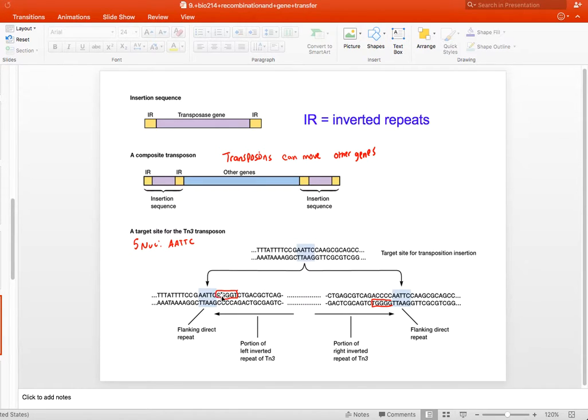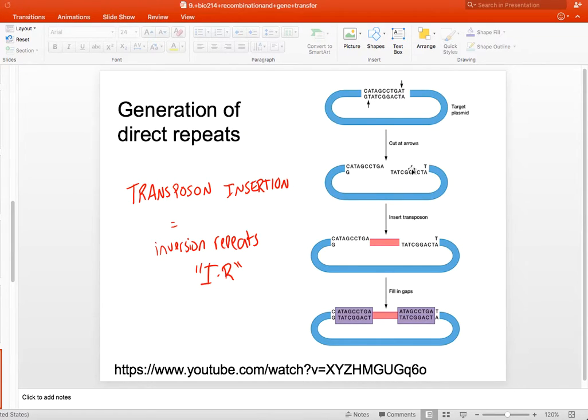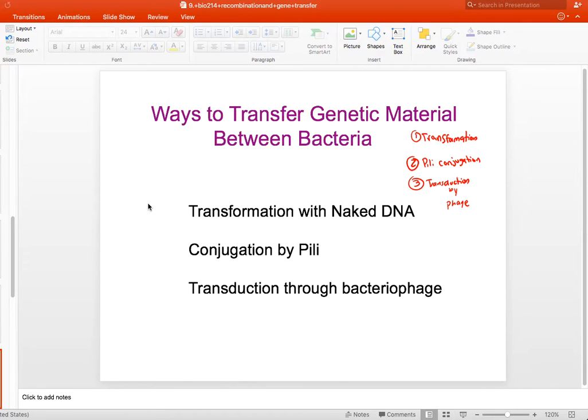So if it goes G G G G T, this should go starting with the T, A C C C C, which you can see right there. If you don't know how to do that, this goes that way, so you can figure it out. The transposons will insert themselves, and next to each other you will have inverted repeats.